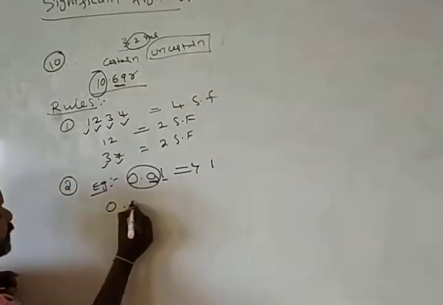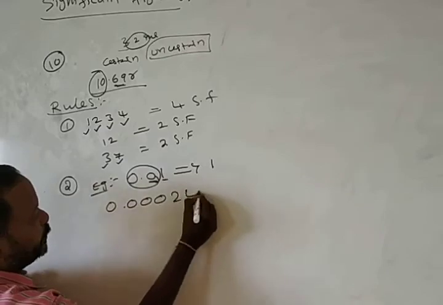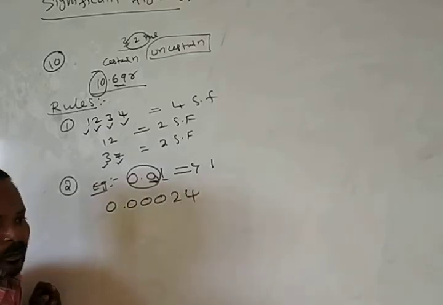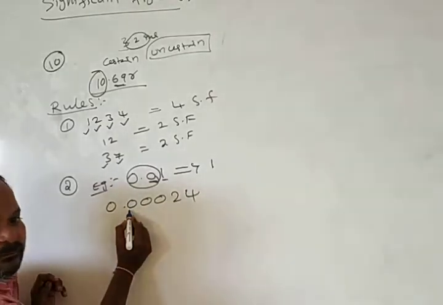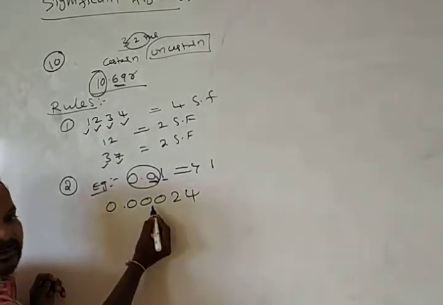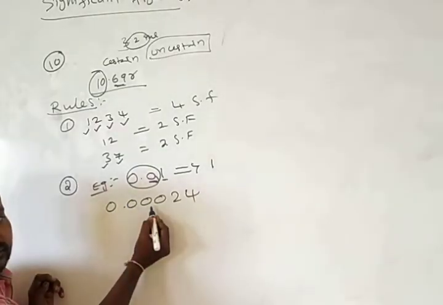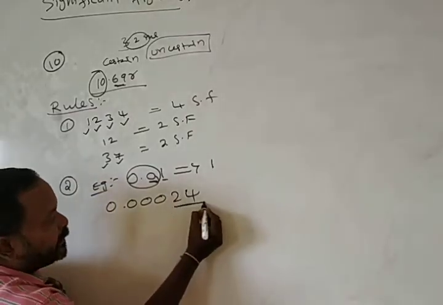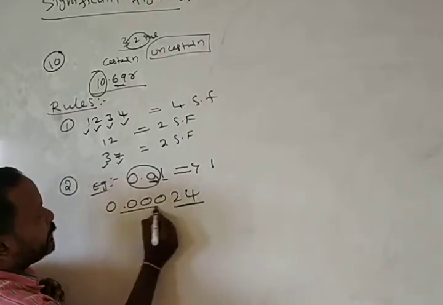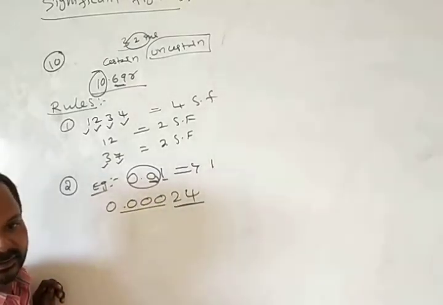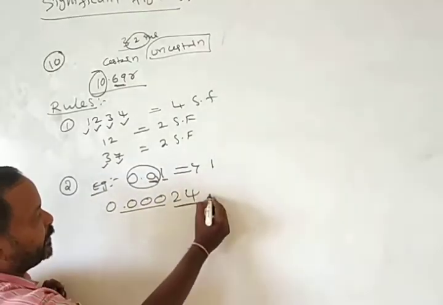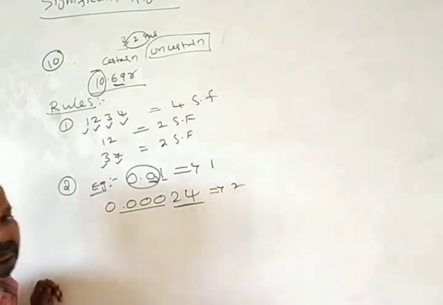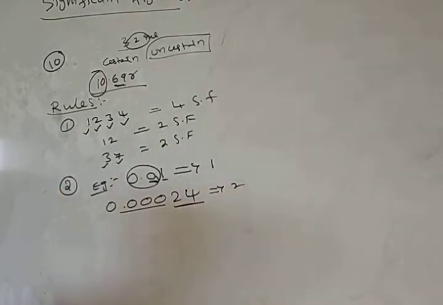Take 0.00024. All zeros present after the decimal and before the non-zero digit are non-significant. How many significant figures are there here? Two significant figures.